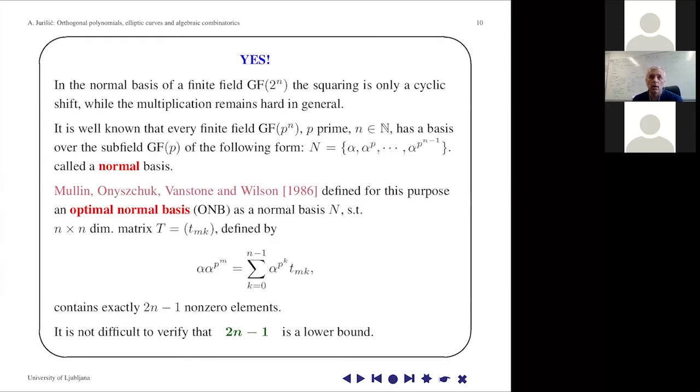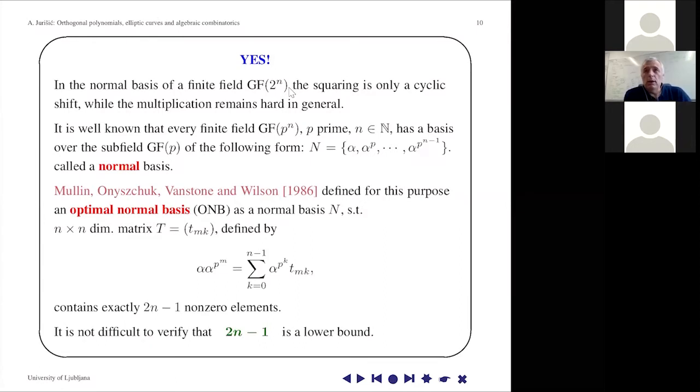And there the answer actually is that you can square much faster. And one of the possibilities to do this is to choose in the finite field, which is actually a vector space over the prime field, a normal basis. Normal basis is such a basis where alpha to the p, and all the way to alpha to the p to the power n minus 1, that these elements are linearly independent.